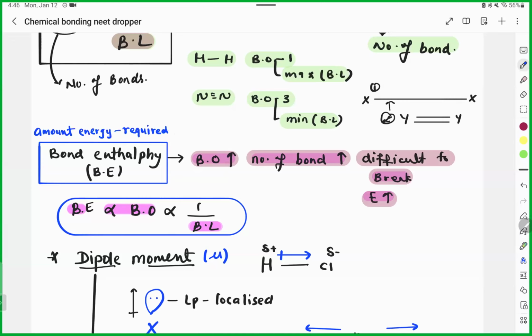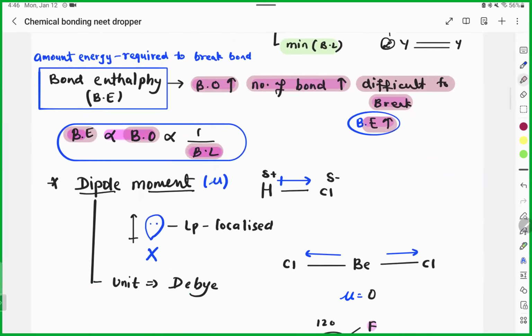And I mentioned to them that if you increase bond order, meaning the number of bonds is more, it is difficult to break the bond, so your bond enthalpy will increase. It means bond enthalpy is directly proportional to bond order. More number of bonds, more energy required to break the bond, and less bonds, less energy.